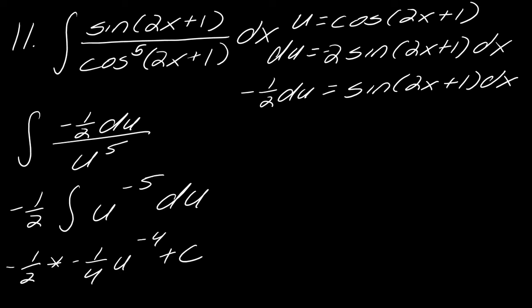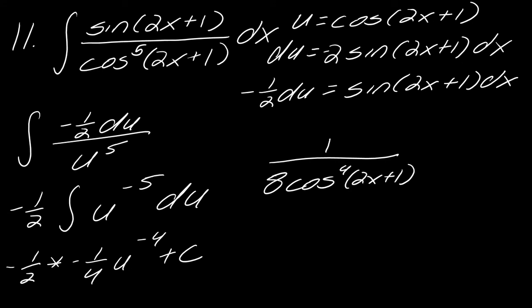So my final answer then will be 1/8, and actually, let's write this as 1/8 cosine to the 4th of 2x plus 1, all of that plus c. And so that would be the final answer.